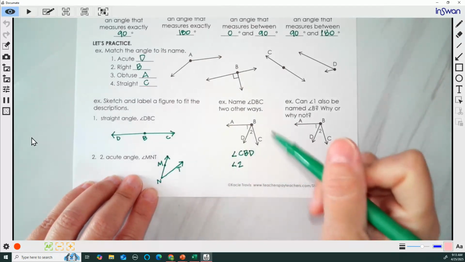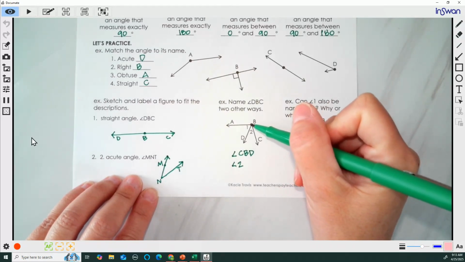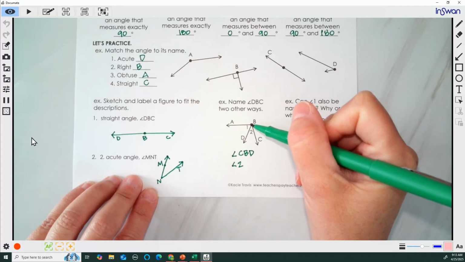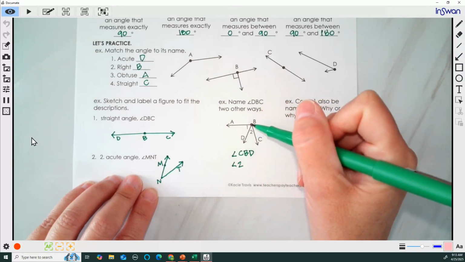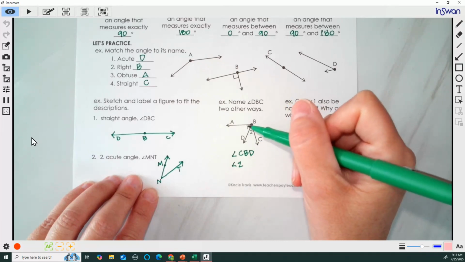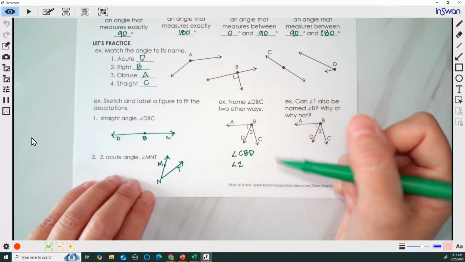We could not just call angle DBC angle B because B is also the vertex of this angle ABD or angle DBA. And since you can't differentiate which one you would be talking about if you called it angle B, you cannot call this just angle B here.